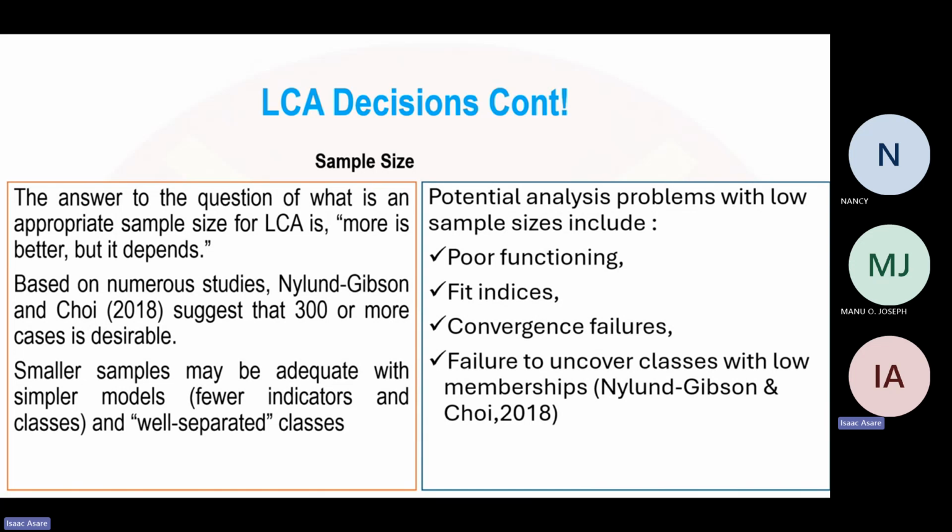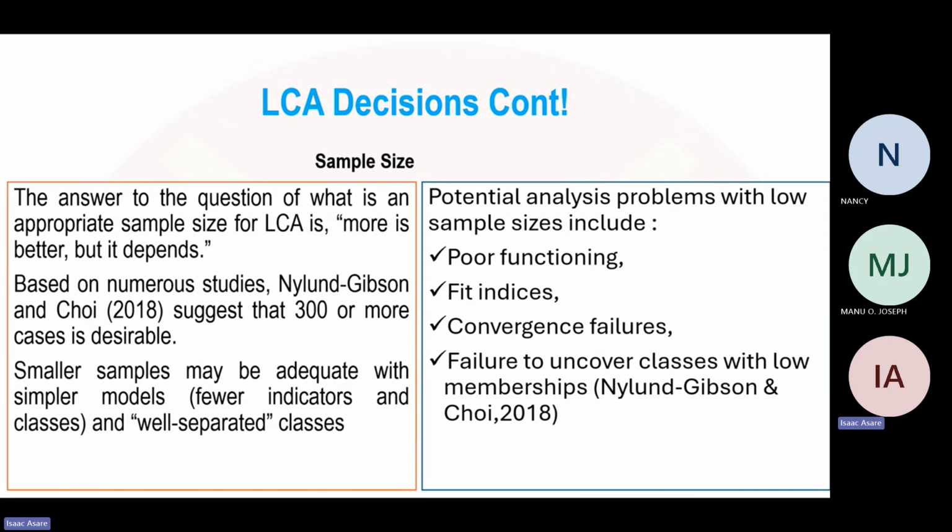Okay. And we also looked at some of the challenges associated with limited sample size: it becomes difficult to fit the indices, and there are even convergence issues. Sometimes the system might not even work at all. You will not be able to get any result because of the sample.